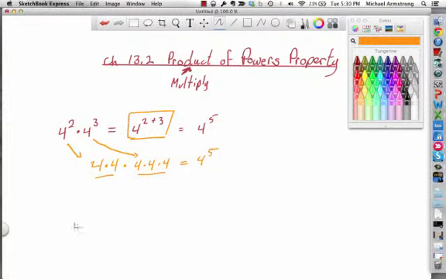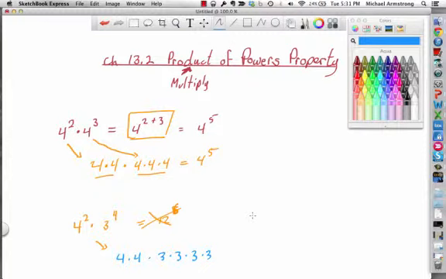You can't do 4 to the second times 3 to the fourth and get 12, which is 4 times 3, to the eighth or something. That's not going to work. Or 4 to the sixth. That's not going to work. Because if we followed the same process up here, that would be 4 times 4, and this would be 3 times 3 times 3 times 3.